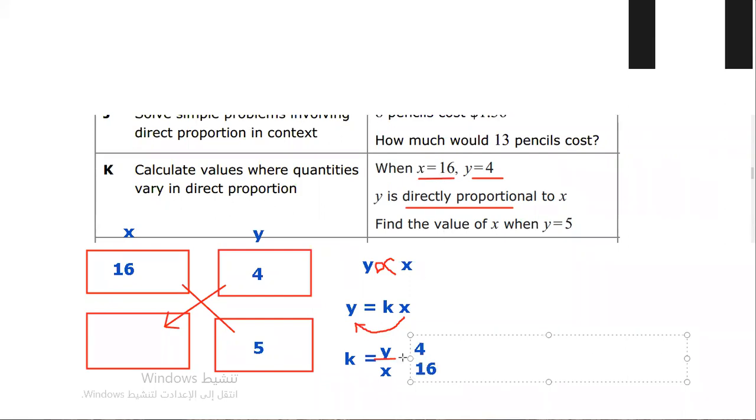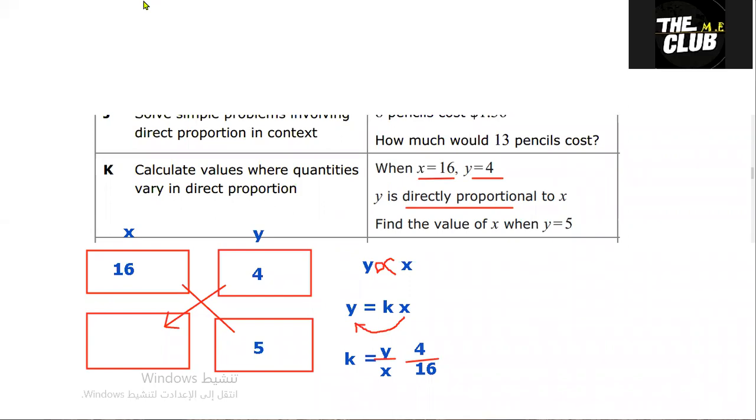What is it going to be? 1 over 4, which is 0.25. Right? This is the k.